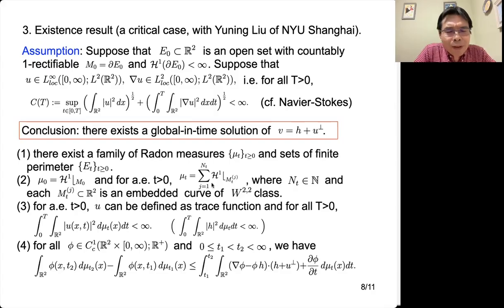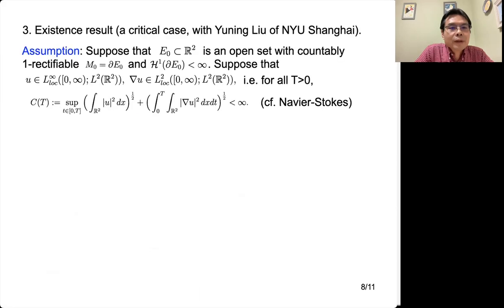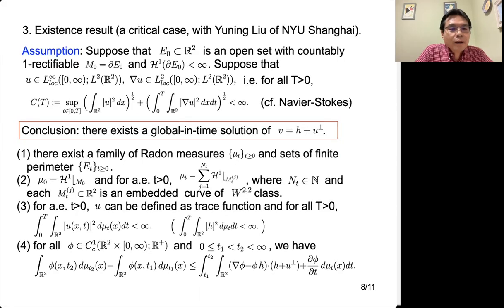And actually, in the 1D case, you have this extra characterization: for almost all time, it's an embedded W^{2,2} class.